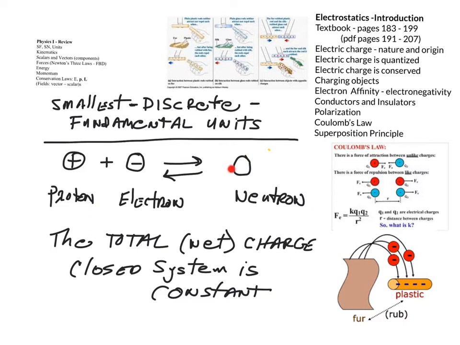Conversely, in some nuclear reactions, a neutron can split into a proton and electron and charge is created. So the truly correct statement is that in a closed system, the total or net charge of that system will remain constant. That's what we mean by conservation of charge as opposed to quantization of charge.